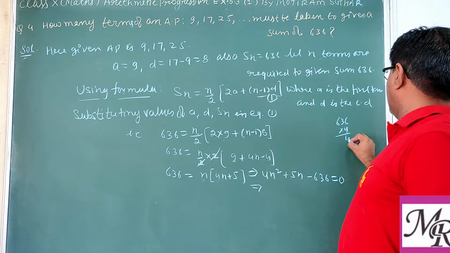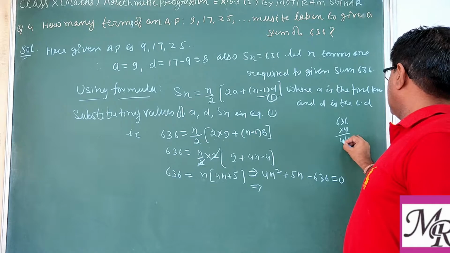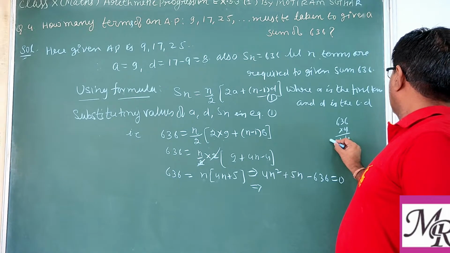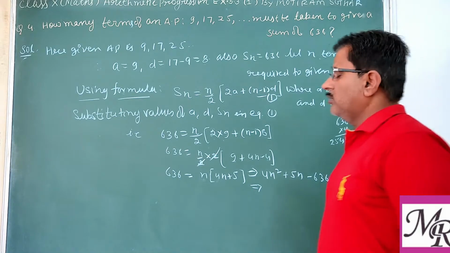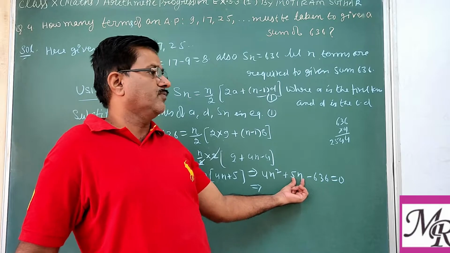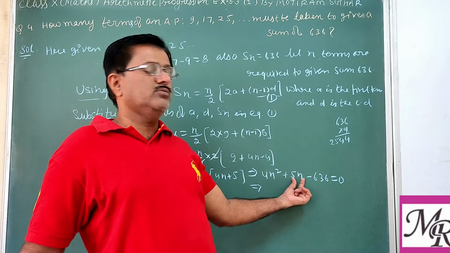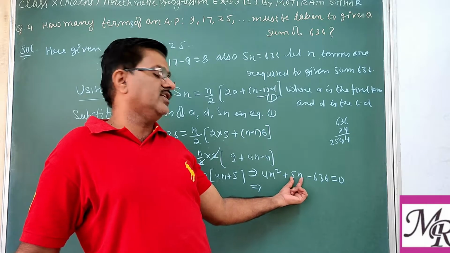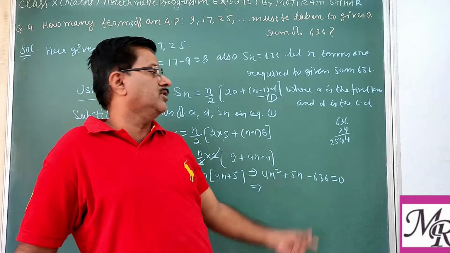So one number should be positive and the other will be negative, and their difference is 5 and the greater number is positive.